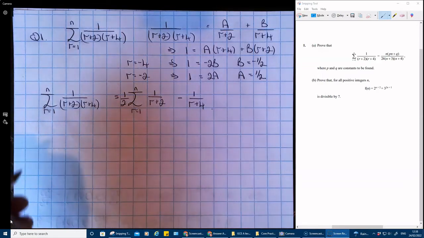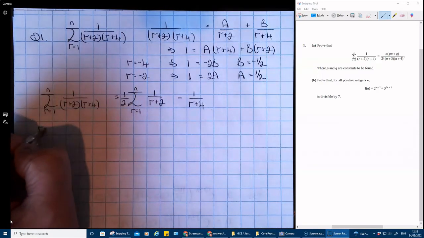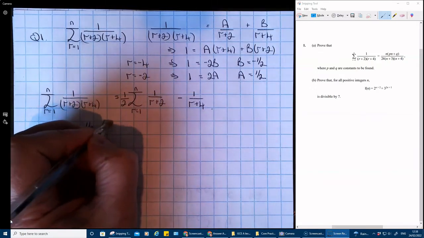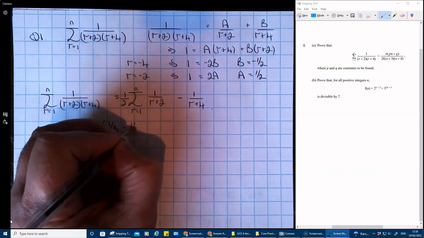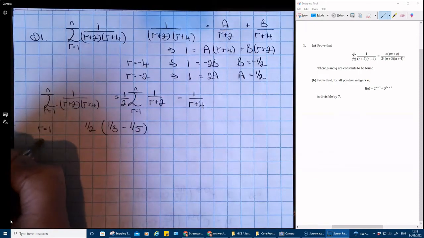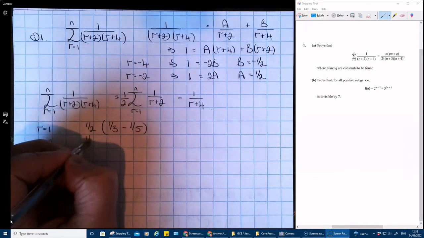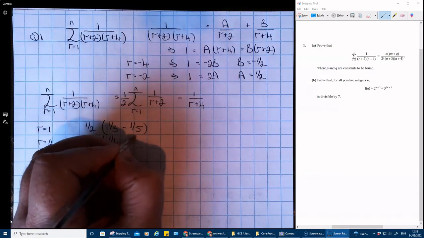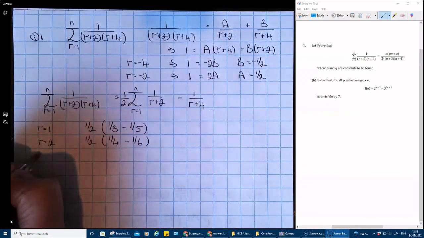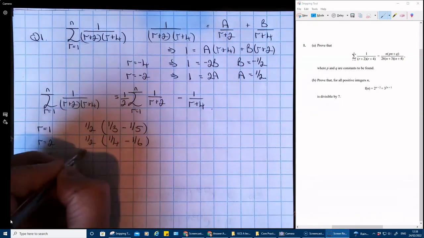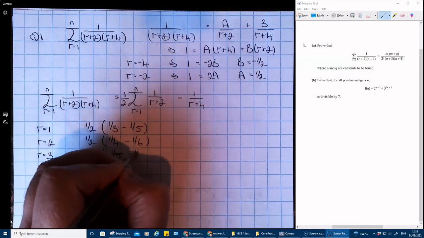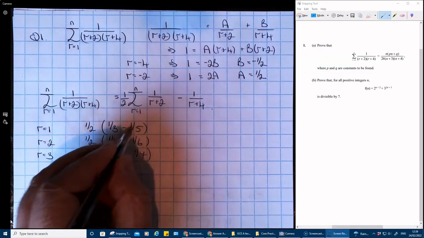So r equals 1, you get a half of a third, take away a fifth. R equals 2, you get half of a quarter, take away a sixth, so no cancelling yet. R equals 3, you get a half of a fifth, take away a seventh, so we have got the cancelling.